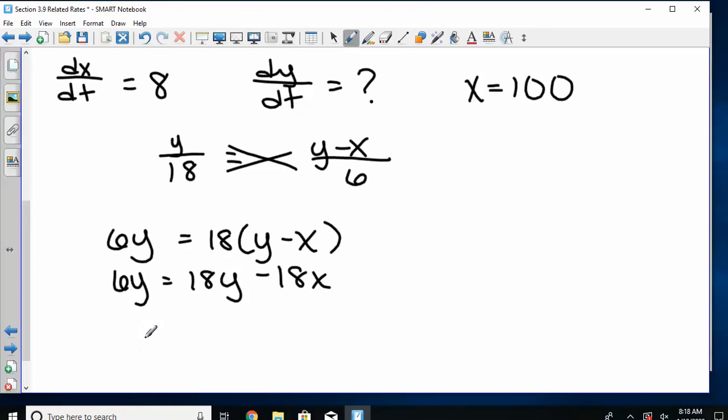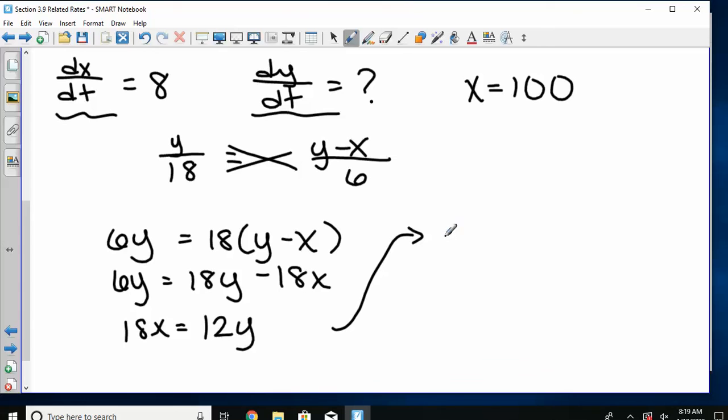So let's see, if I add over my 18x and subtract over my 6y, we get to this. What now? We're trying to get dy dt, the derivative. We could have done the derivative up here, but I figured it would be nicer to not have the fractions to deal with. So we simplified it a bit, but now let's do our derivative.